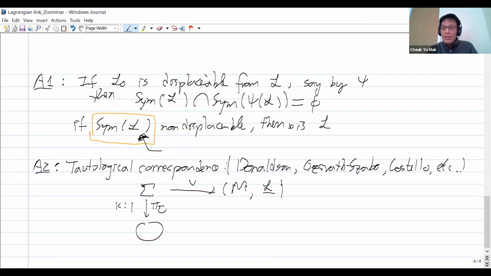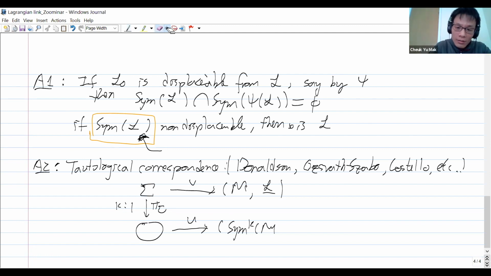So the data of pi, sigma and V together is equivalent to the data of a holomorphic map U from a disk to the symmetric product.